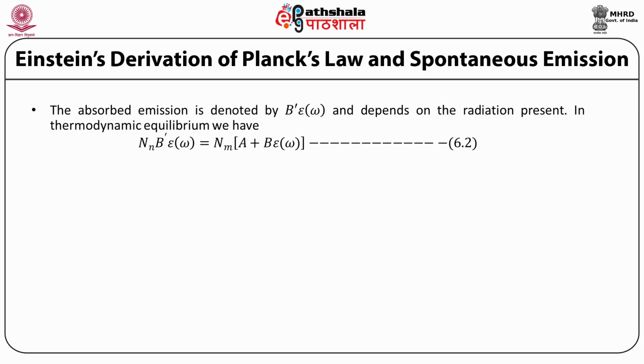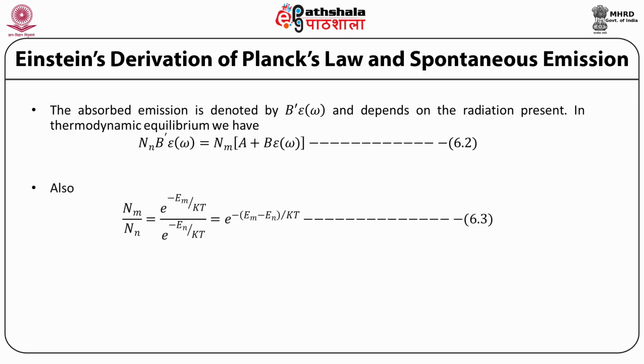So N_n into B prime epsilon is equal to N_m into A plus B epsilon of omega. Or N_m over N_n, which is equal to exponential minus Em by kT divided by exponential minus En by kT, is equal to exponential minus Em minus En divided by kT.